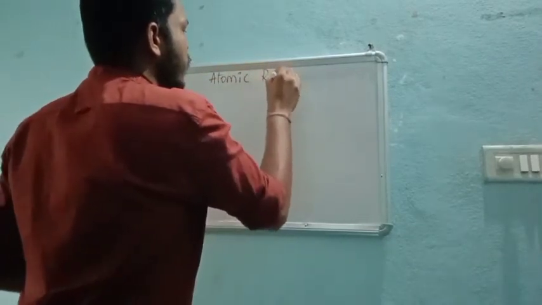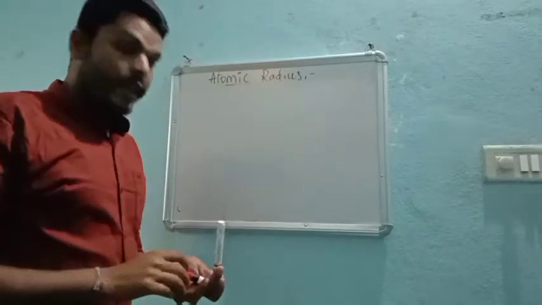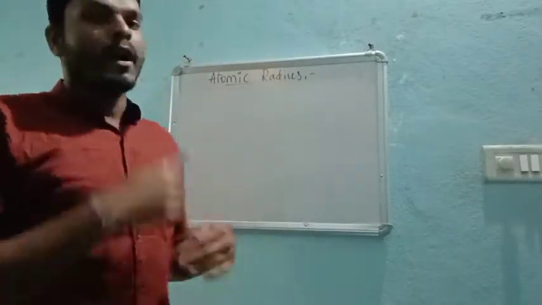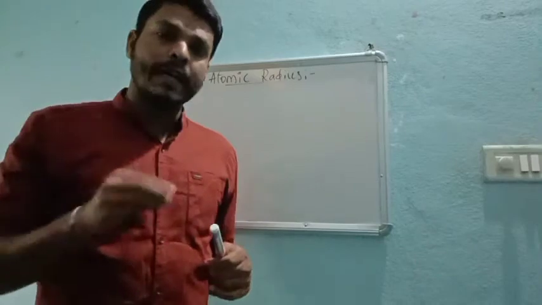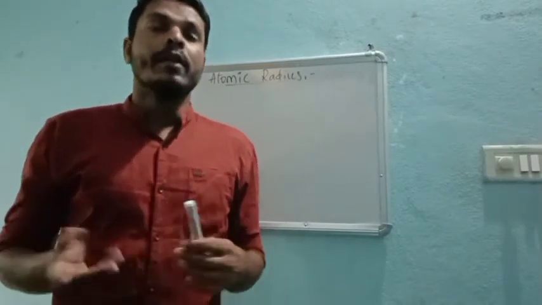Again, I just want to brief you about the last class. Atomic radius is nothing but the distance between the center of the nucleus to the outermost shell of that particular element, either the first shell, second shell, third shell, whatever it may be.